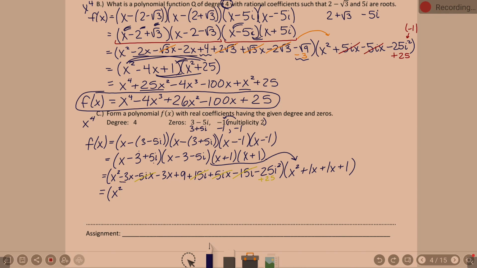Minus 3x and minus 3x is minus 6x. 9 plus 25 is 34. That's my first parenthesis. My other parenthesis is x squared plus 2x plus 1.